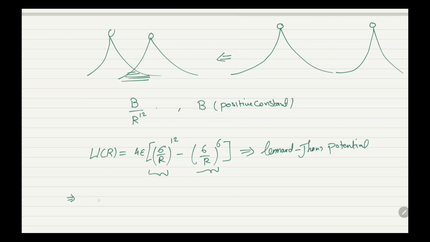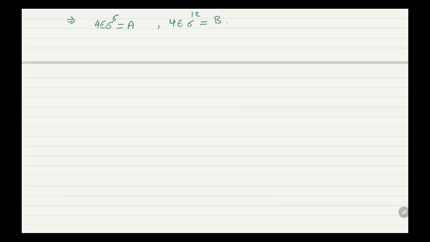In such a way, here epsilon and sigma are new parameters with 4 epsilon sigma to the power 6 equal to A, and 4 epsilon sigma to the power 12 is B. Now, to find the force between the two atoms, F equals minus dU by dr. Sometimes the repulsive interaction can be written as lambda exponential minus r over rho. This is another form of repulsive interaction.